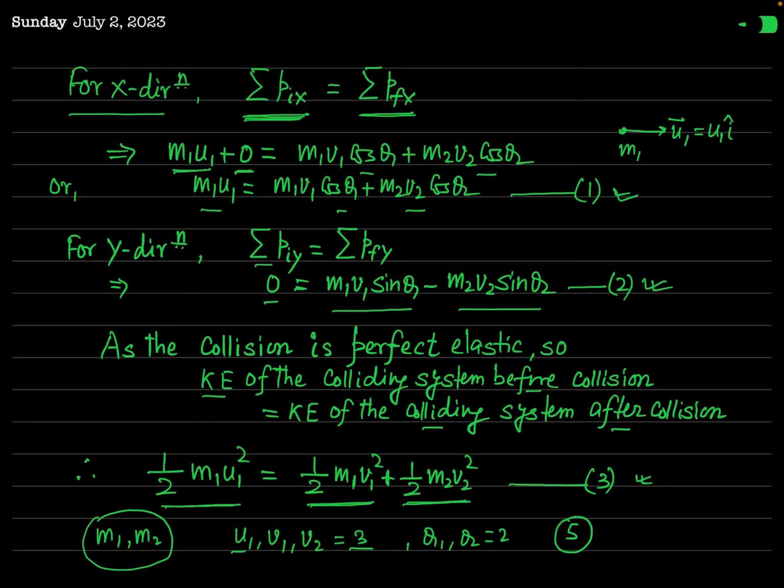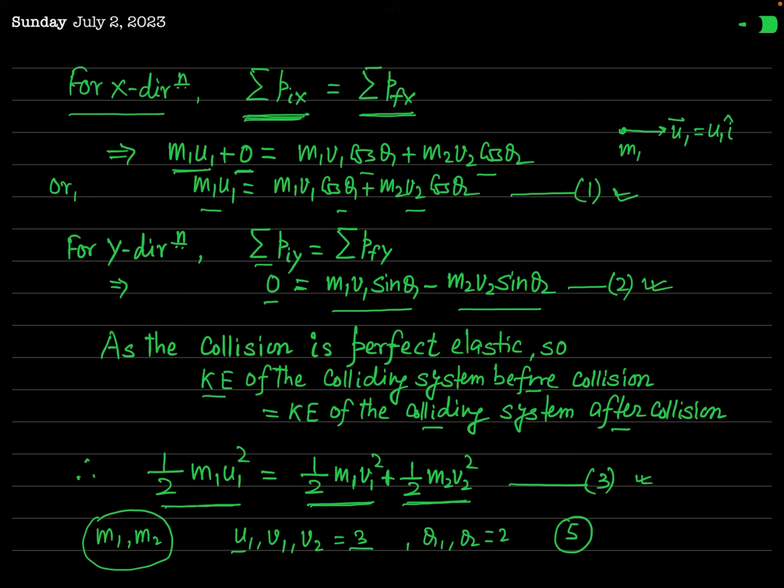But when we need to find 4 quantities, it means 4 quantities are unknown. You cannot solve these 3 equations because the number of unknowns which can be found by solving the equations must not exceed the number of independent equations. So if among these 5 quantities any 2 are given, then you will be able to find the remaining 3.